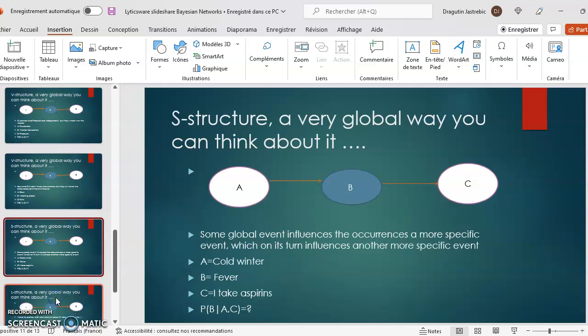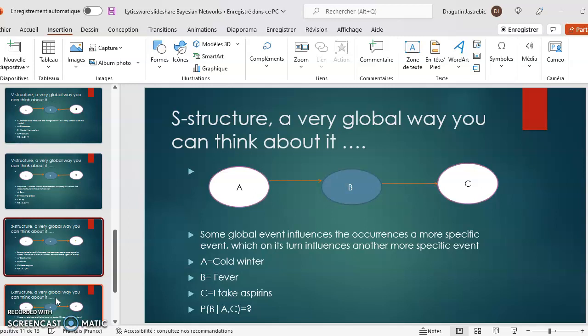Of course, there are also possibilities to think about the two other structures, the S structure and the L structure, in a more global way than was shown previously. So let's say here the S structure. Remember, A influences B, which influences C. Some global event influences the occurrence of some more specific event, which in its turn influences another more specific event.